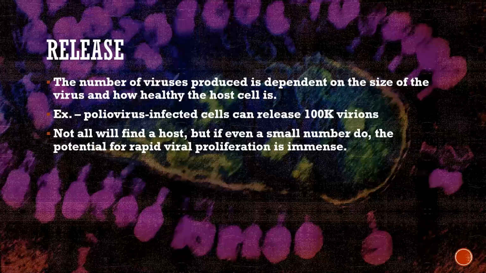But then again, not all of those viral particles will find a host. So not all 100,000 of them are going to find a host, but even if only a small number do, that is potential for rapid proliferation. So even if only, I don't know, 1 out of every 100 finds a host, we're still at 1,000 more cells infected from just that one starting cell.